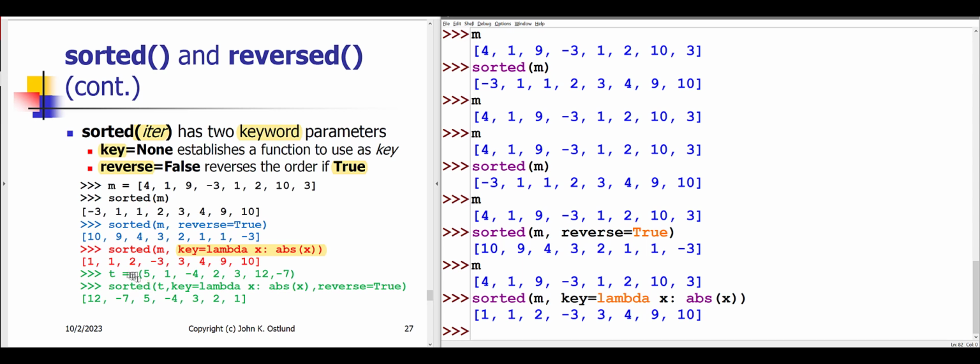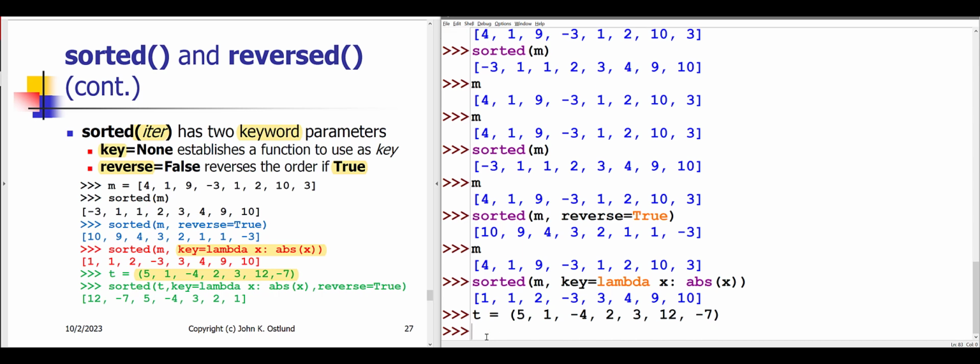Here's a tuple, T. Let me create this. 5, 1, minus 4, 2, 3, 12, minus 7. And of course, we know that tuples don't support sorting.